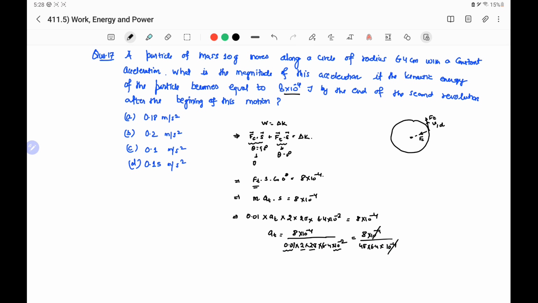The 10 to the power minus 4 gets cancelled. On cancelling, 8 by 6.4 is 0.8. So it will be equal to 1 by 3.2 pi, or 1 by 3.2 into 3.14, and it is approximately equal to 0.1 meter per second square. Option C is the correct option.